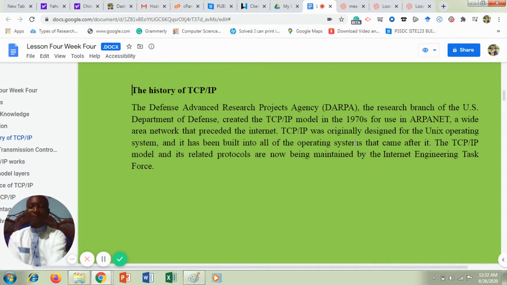It wasn't even for the Windows operating system, but for Unix. And it was designed by DARPA, that is the Defense Advanced Research Projects Agency of the United States Department of Defense.